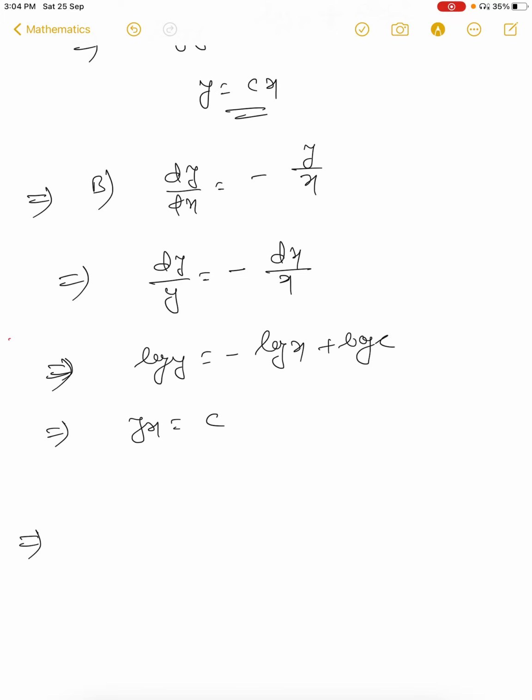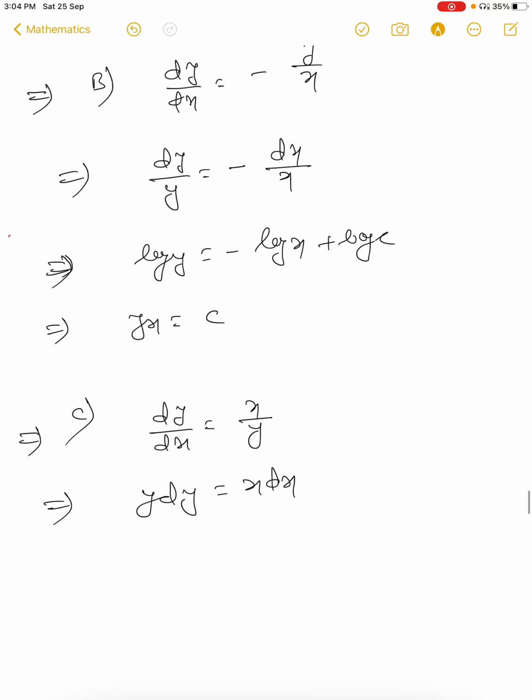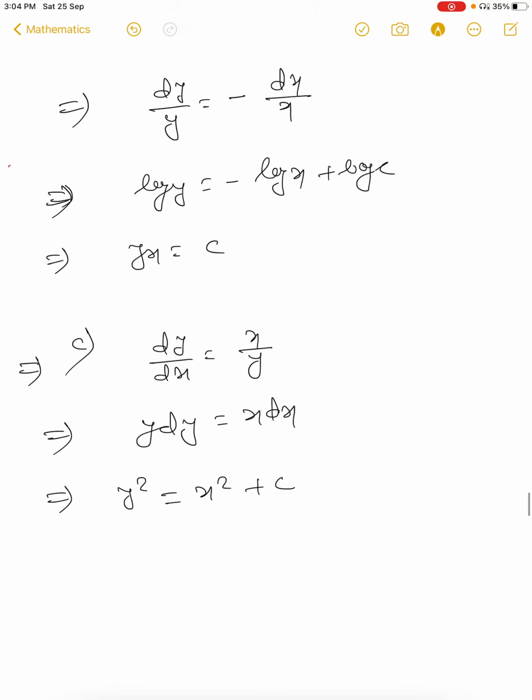C is given dy by dx equal to x by y. Then y dy equals x dx. So y square equals x square plus constant, then y square minus x square equal to constant.